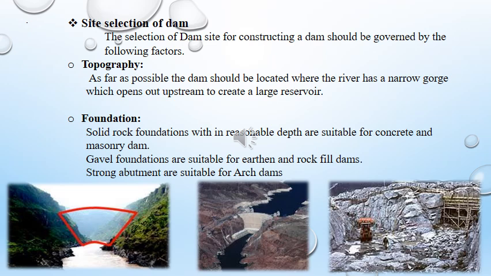Rockfill and earthen dams have more flexible foundation requirements, but even in their case, the cost of the dam would be materially affected by the type of foundation available. A suitable type of foundation should be available at a reasonable depth at the selected site of the proposed dam. The existing foundation conditions may also be improved if required by proper foundation treatment, such as grouting.